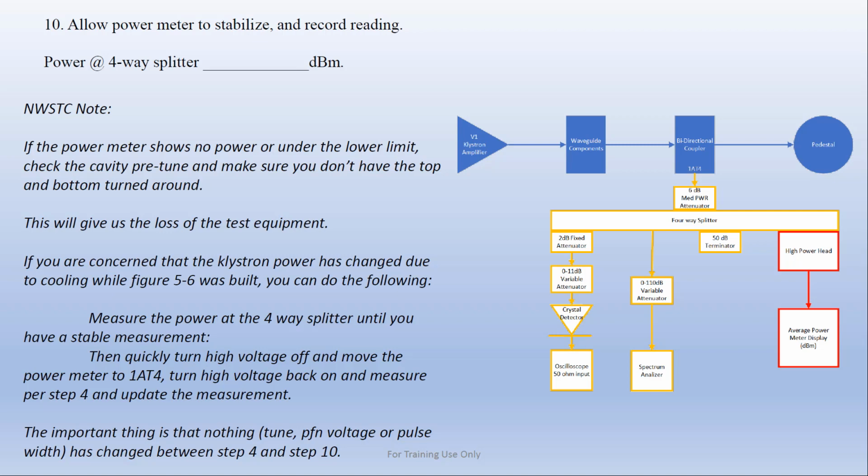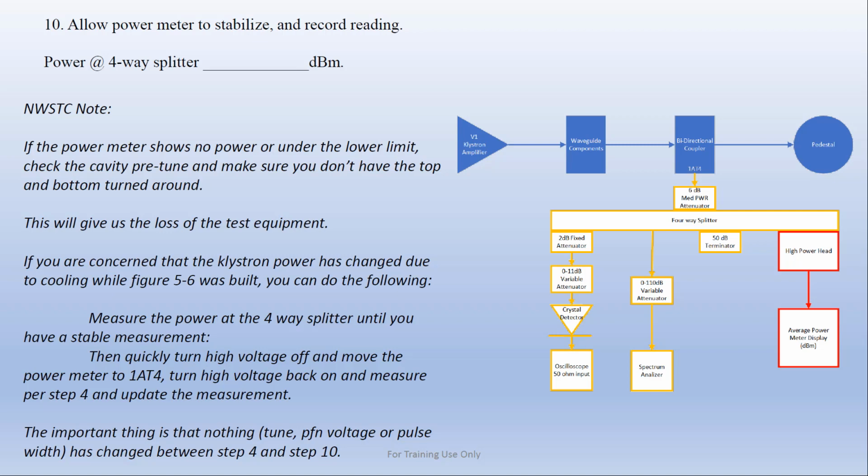If you feel there's a significant change in the output power of your transmitter between step 4 and step 10, that's not a problem. Go ahead, let your power meter stabilize in step 10. Once you're comfortable that it's stable, record the measurement in step 10 and quickly select the test source of none, inject signal, remove the cable, put your high power sensor on 1AT4, select test source of Klystron output, and inject signal.